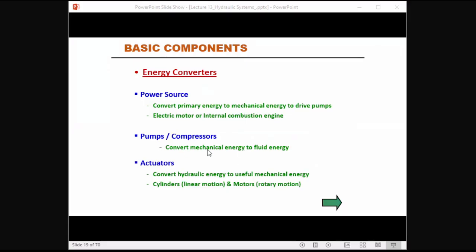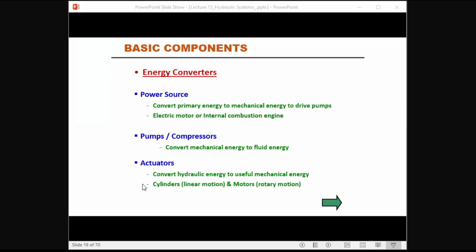It is a very large amount. Using hydraulic energy we can create large force.